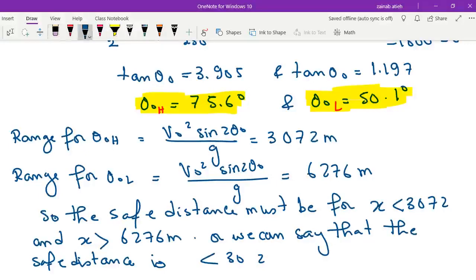It's 7 minus 2500 minus 300. I'll calculate it. It's 3072 minus 200 minus 300. I will get 272. Let me erase it.